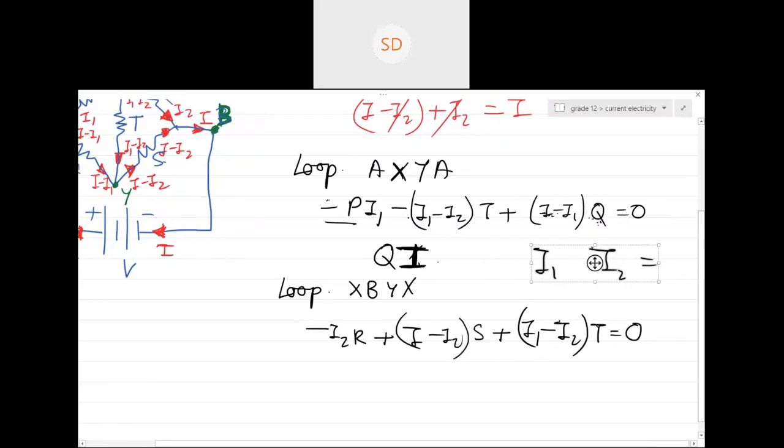So can I write minus, common, P plus Q plus P? Yes or no? Yes, sir. And what about the last one, I2? Plus T I2, plus P I2 equals 0. Yes, sir.